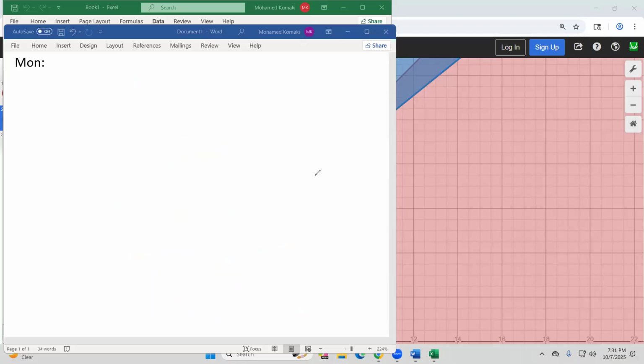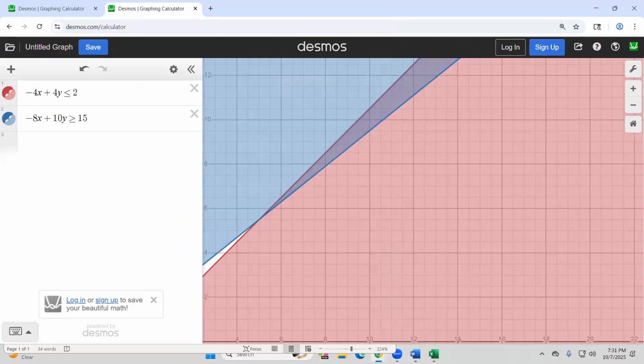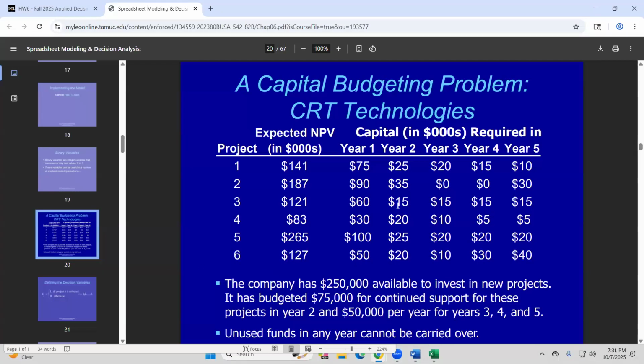Okay. So the example here is we have a set of projects that we want to work on. Sorry, a set of investments. Here we have 6 projects, and here we have the net present values, which we want to maximize.